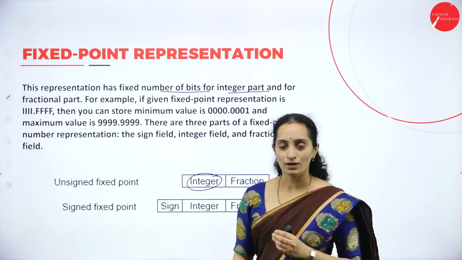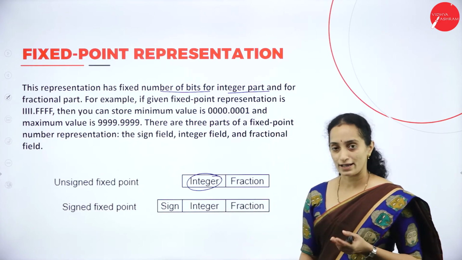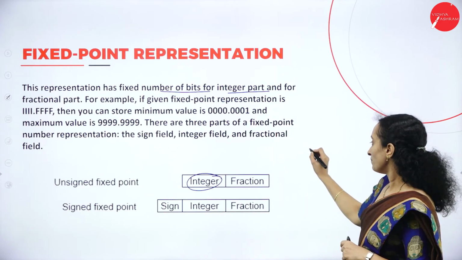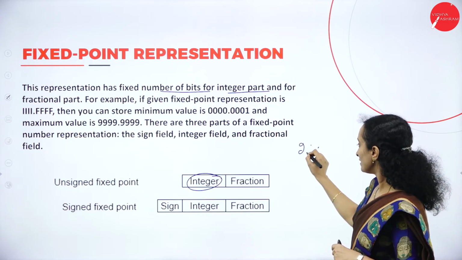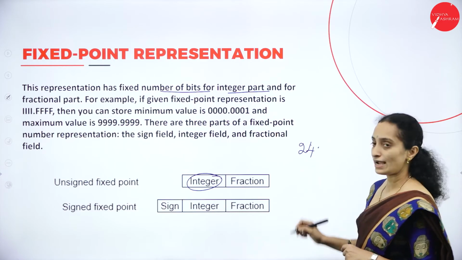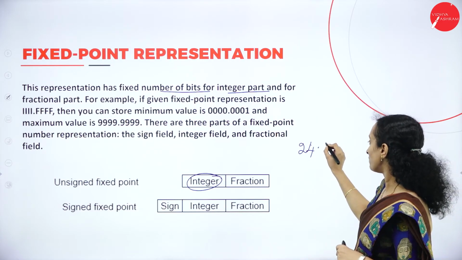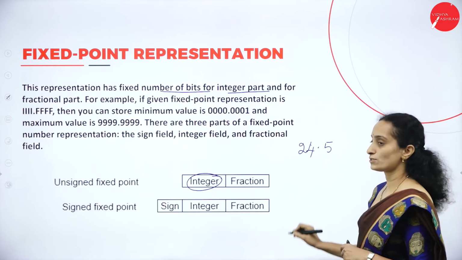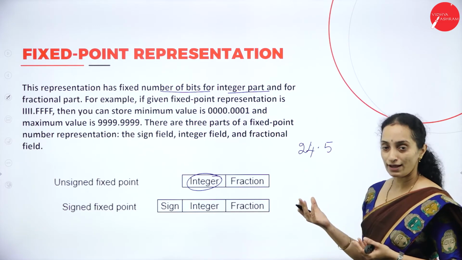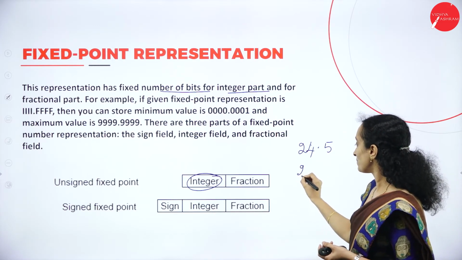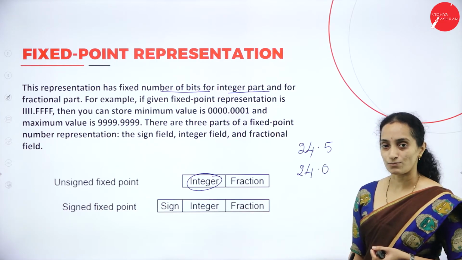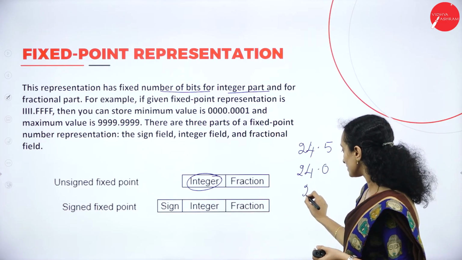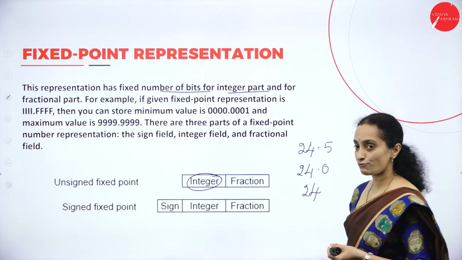Okay, as you know, in any number you can have an integer part and a decimal part, is it not? Even though you don't have any decimal part, you can represent it with 0, like 24.0, or this can be represented simply as 24.